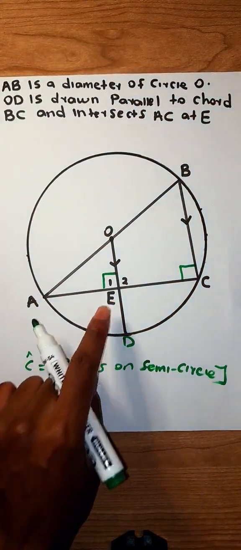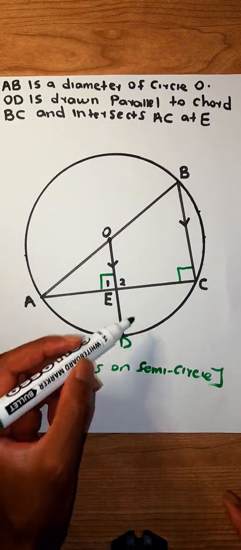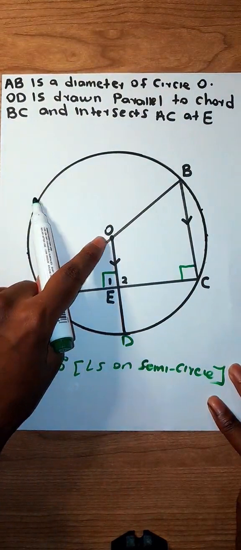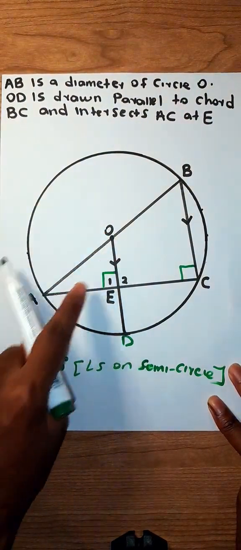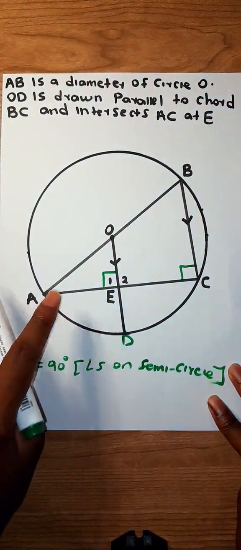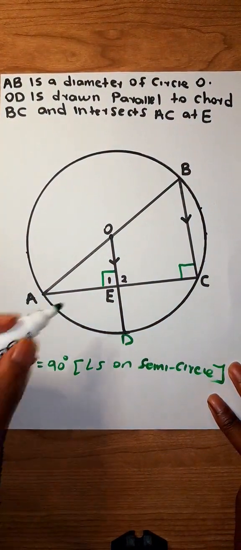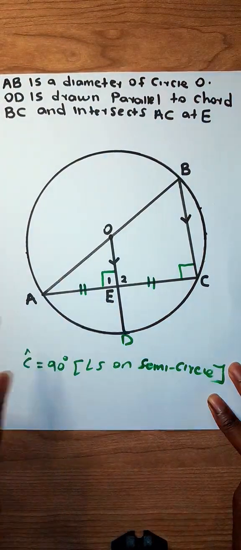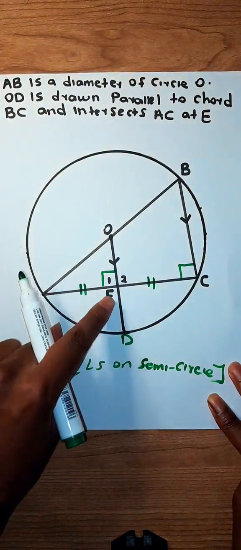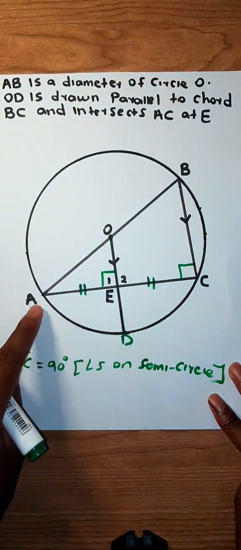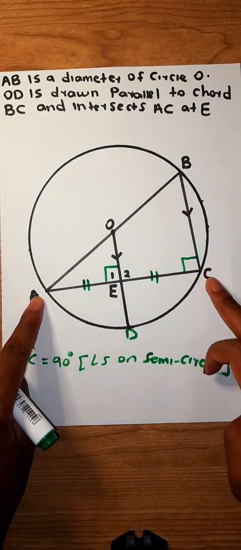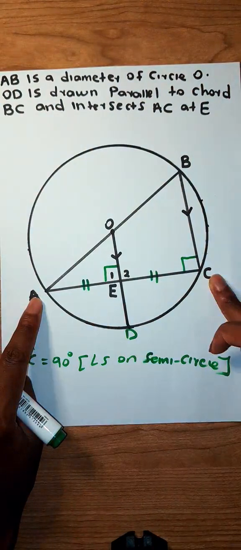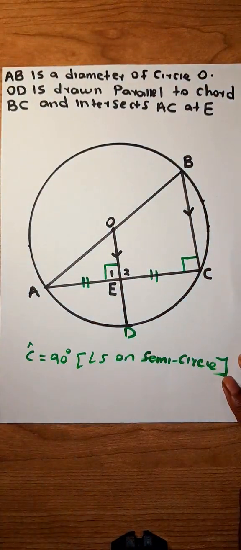By looking at this, you realize that we are back on theorem number 1, which says that a line drawn from the center perpendicular to a chord bisects the chord. So that tells us that AE equals EC, because OE has bisected the chord AC. A line drawn from the center perpendicular to a chord bisects the chord, right?